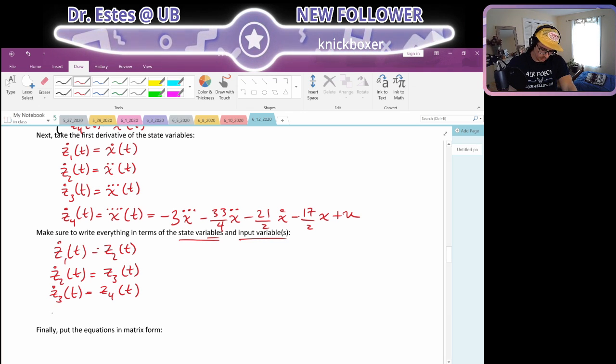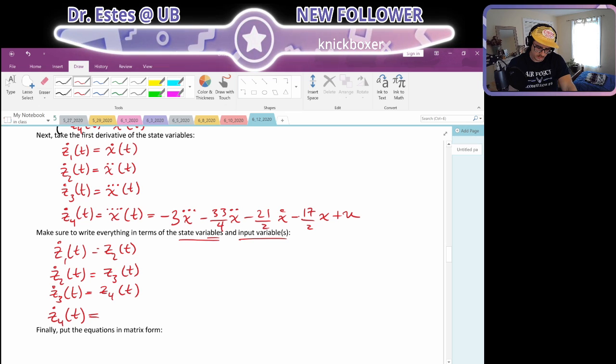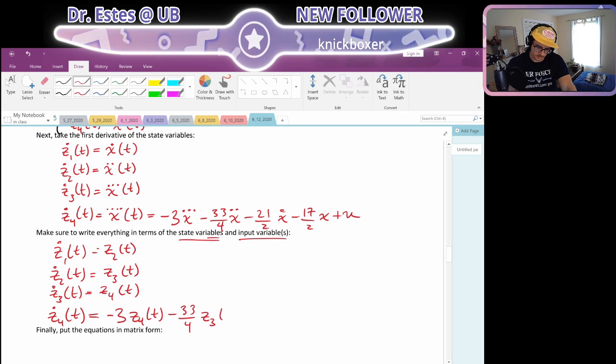And then z4 dot, this one's going to take a little bit more work because it's minus 3 times x triple dot. X triple dot was z4. 33 over 4 x double dot was z3.